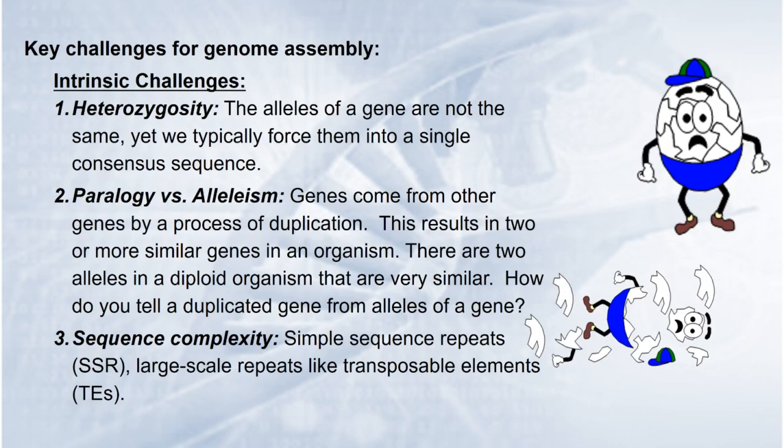The other is, even in bacteria, there's some level of paralogy, where there are recent gene duplications. In us, there's allelism, which gives rise to heterozygosity that we have to worry about. But even in bacteria, in some cases, there are going to be multiple copies of genes that interfere with the assembly.